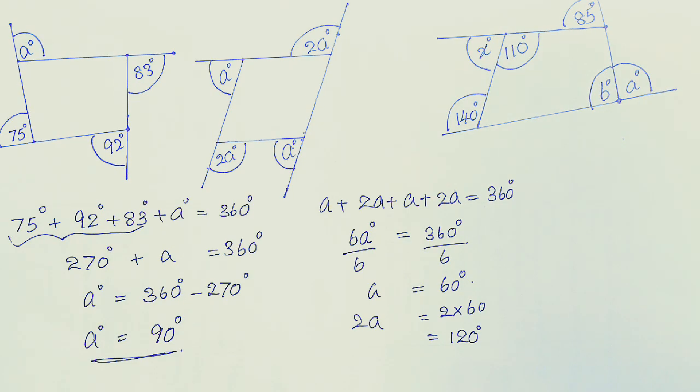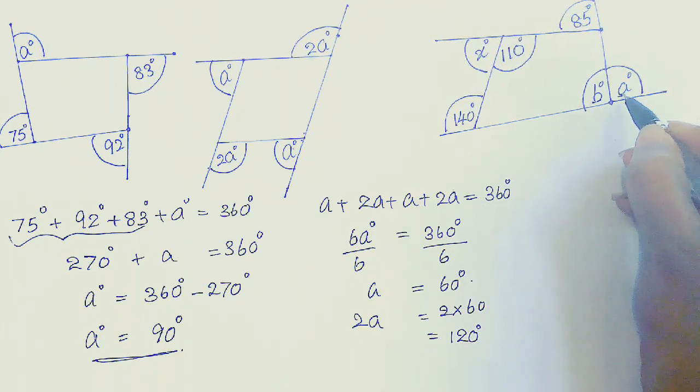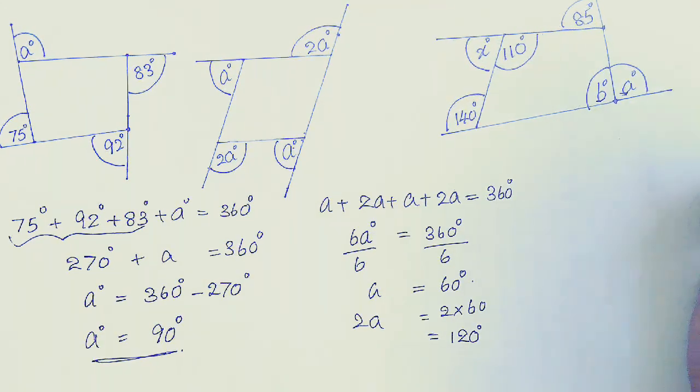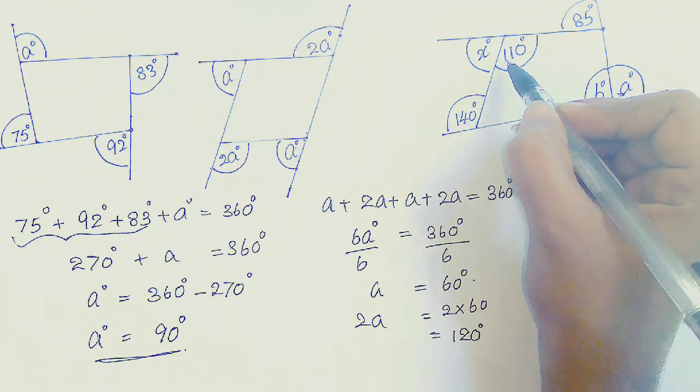The last problem is a little bit difficult. Here there are 3 unknown terms. First of all, we have to find the value that we can find easily. Here both terms are unknown, but we can't find either one. But here we know one angle.